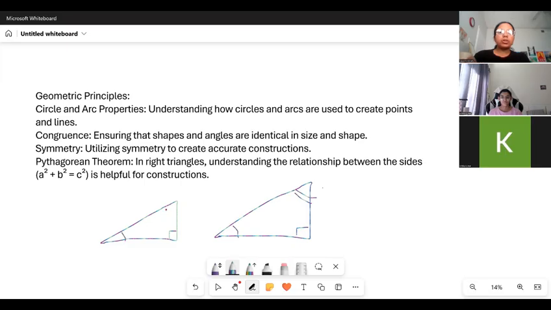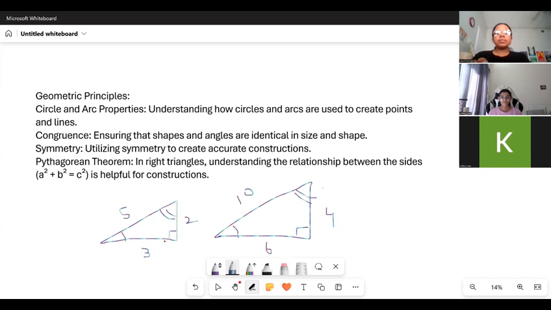The angles are going to be the same for these triangles, but let's say this one is a 5, 3, 2 triangle, and let's say this is a 10, 6, 4 triangle.